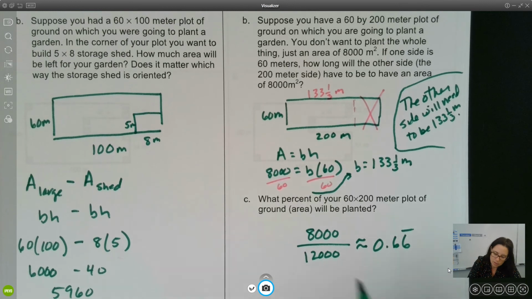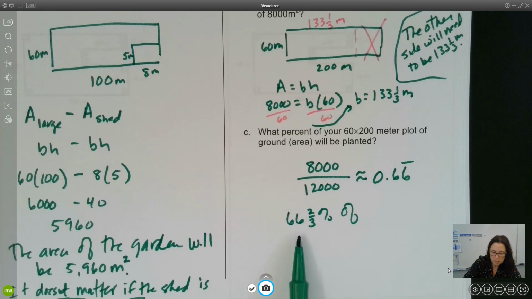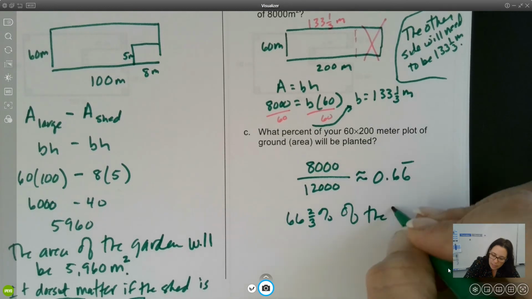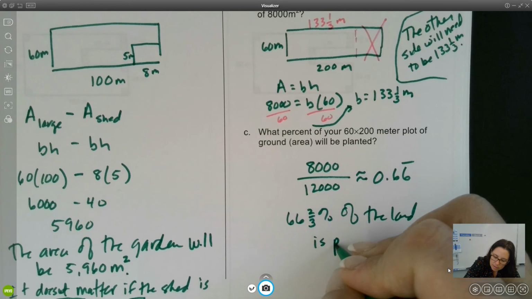So as a percent, 66 and 2/3%. You could put 66.6 repeating bar if you wanted to, of the land is planted.